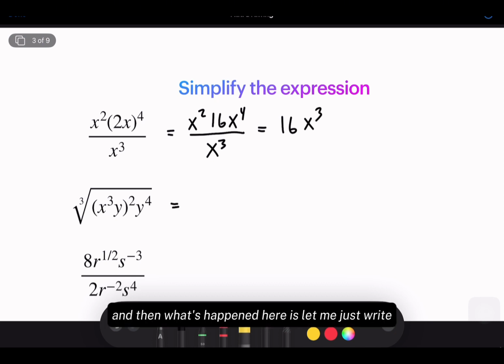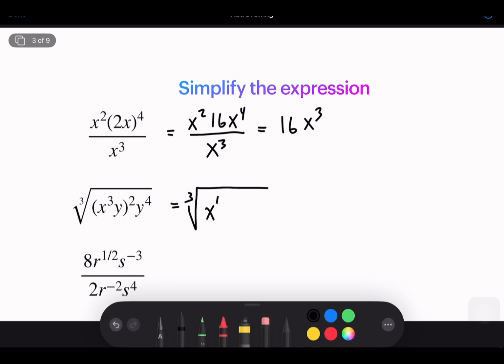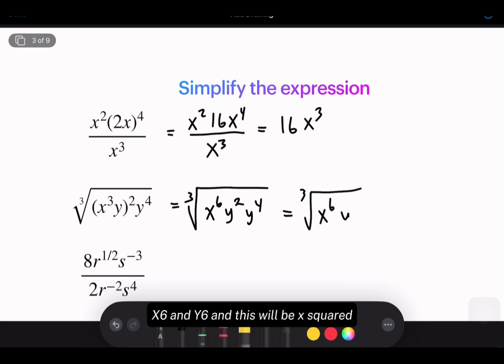And then what happens here is, let me write the cubic roots. And then let me square this x cubed y. It's x to the 6, y squared. And then y to the 4. And then this will be x to the 6 and y to the 6. And this will be x squared, y squared.